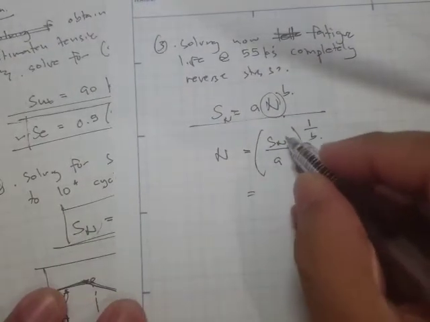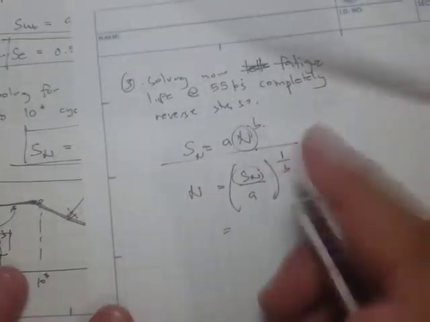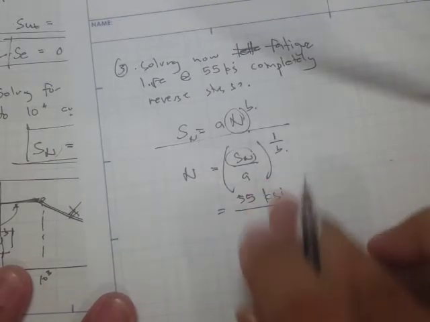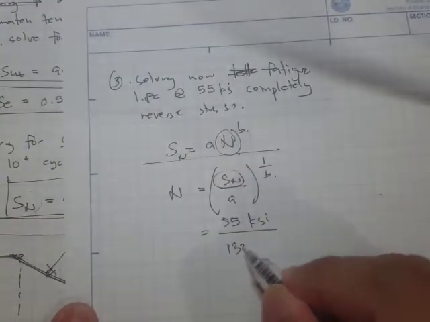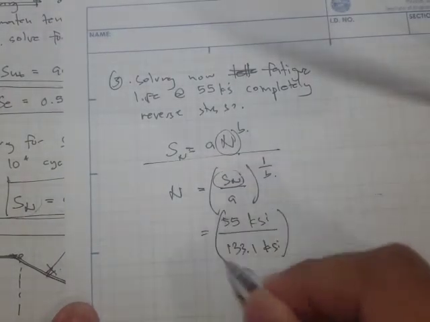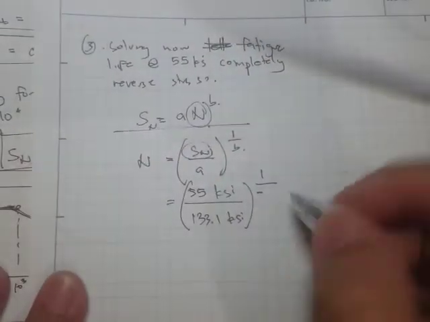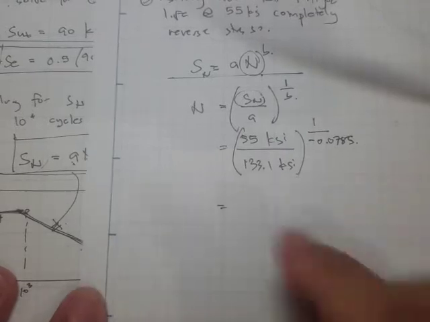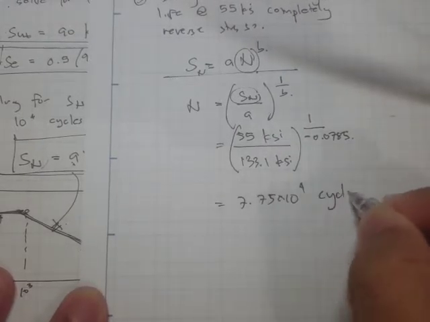So let's substitute all the values. This one, Sn, says here 55 KSI. So this is 55 KSI divided by the value of A. This is 133.1 KSI raised to 1 over negative 0.0785, and this is 7.75 times 10 to the 4 cycles.